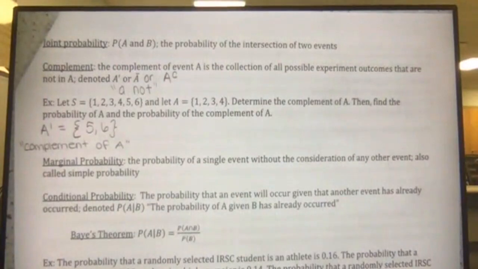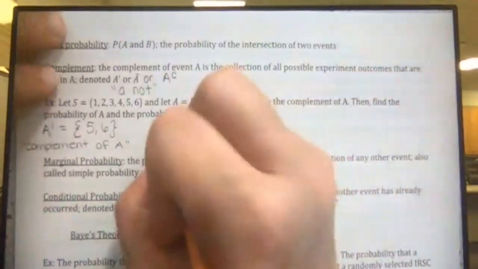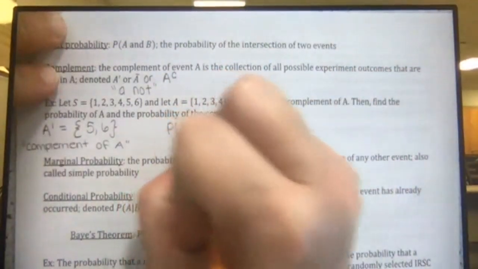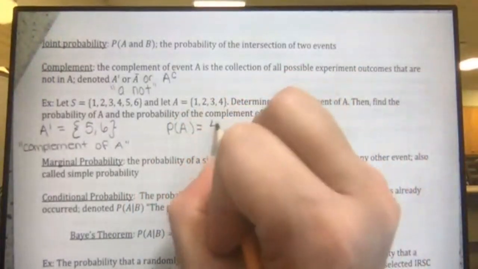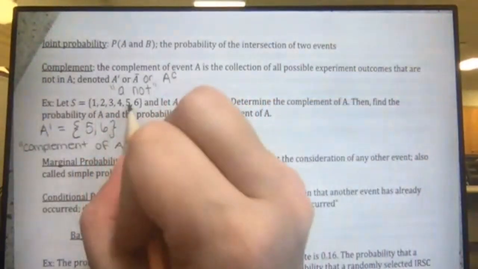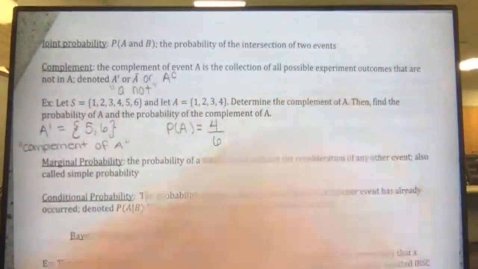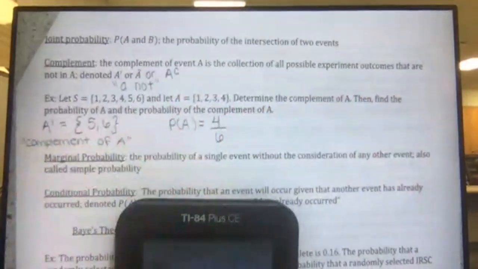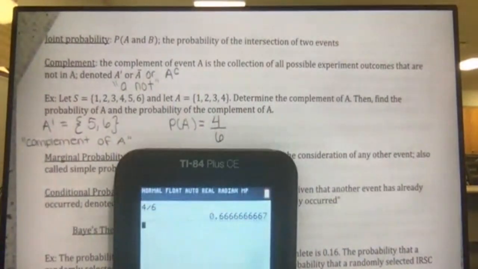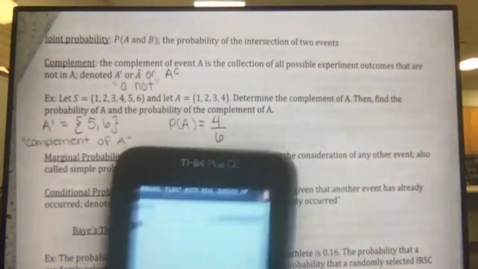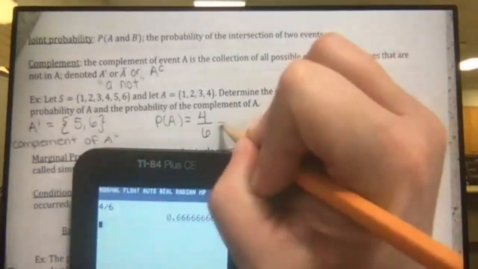So 5 and 6. We found the complement. Then find the probability of A. We have 1, 2, 3, 4 options out of 1, 2, 3, 4, 5, 6 options total. So on my calculator, 4 divided by 6, I know my battery's low, would give us 0.666, so we can round this up to 0.67.